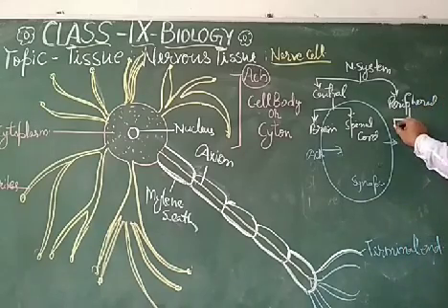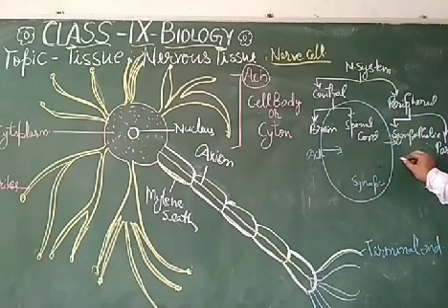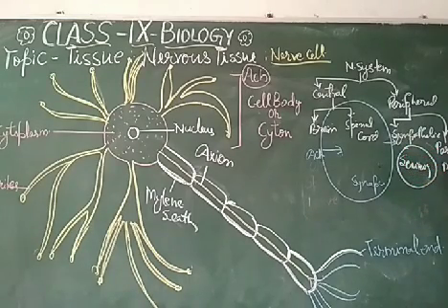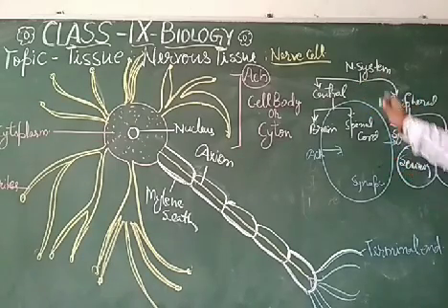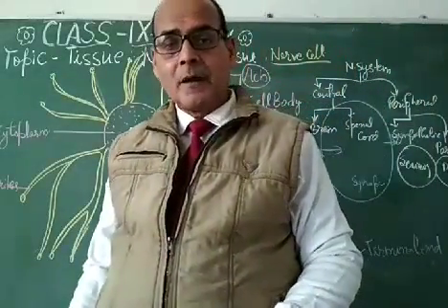The peripheral nervous system is having sympathetic and parasympathetic, and there are sensory neuron and motor neuron. This is called sensory, and this is called motor. So message gets received by the sensory neuron and message from the brain gets received by the motor neuron. So these are the structural organizations of the nervous system, especially in human.